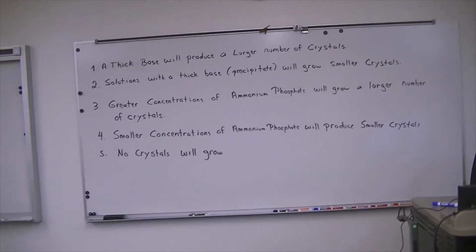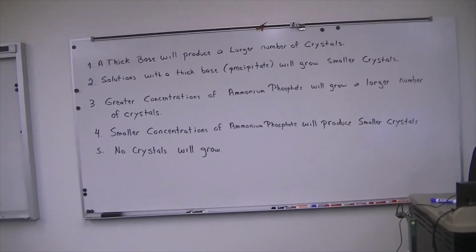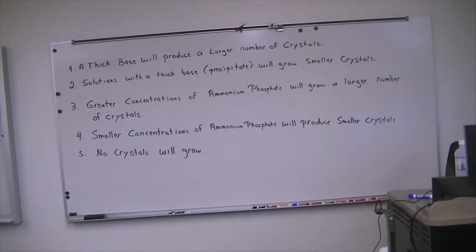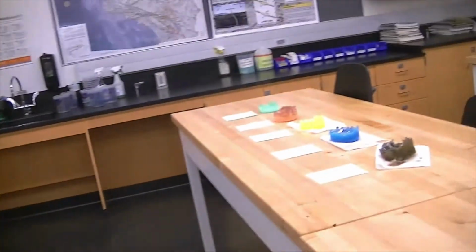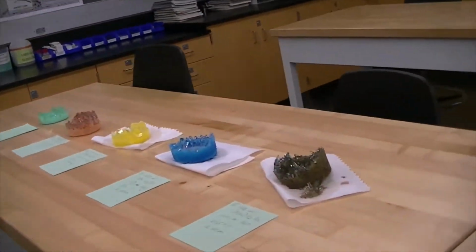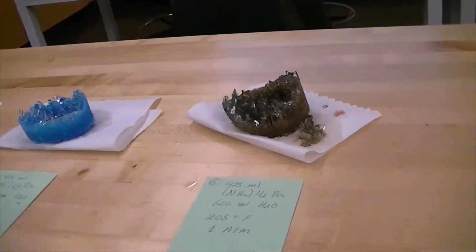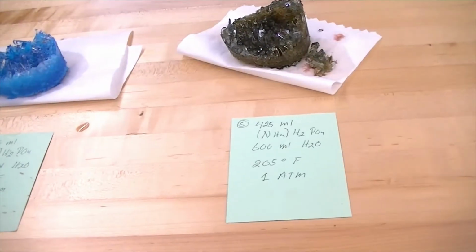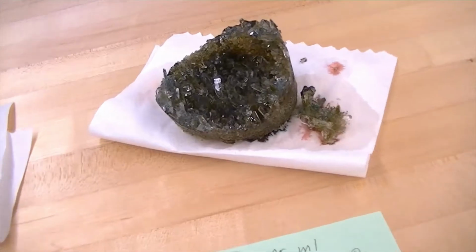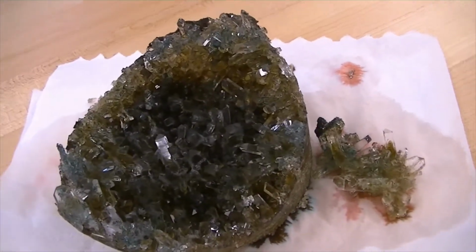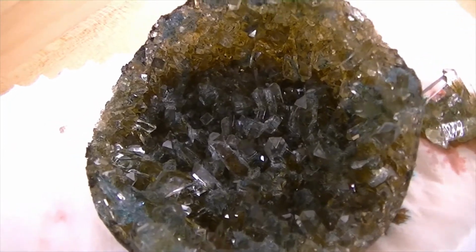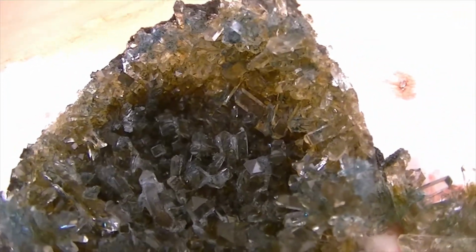Number 3, greater concentrations of ammonium phosphate will grow a larger number of crystals. So again, they're saying that the greater number of crystals are going to result from the largest concentration. So the largest concentration was this 425 milliliter. And if we look at this, we can certainly see a large number of crystals.